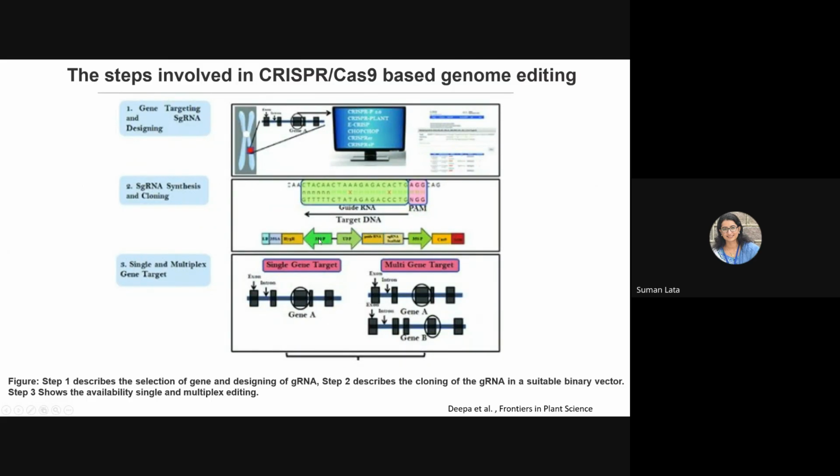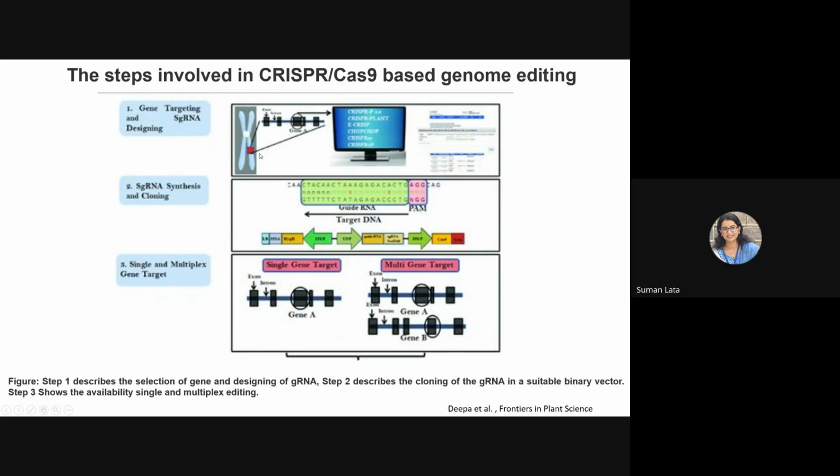So the steps involved in the CRISPR-Cas9 based genome editing. First of all, if one wants to perform an experiment in genome editing to improve a particular trait, a gene has to be selected and the guide RNA has to be designed.